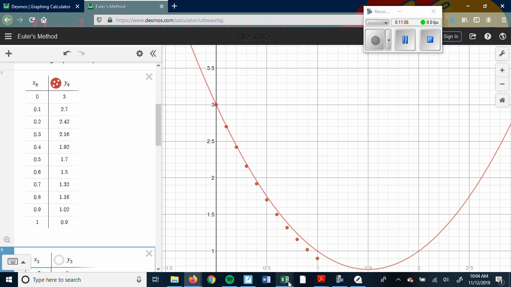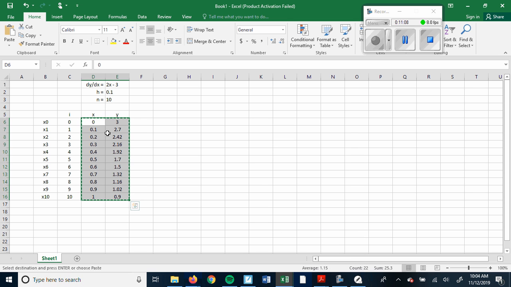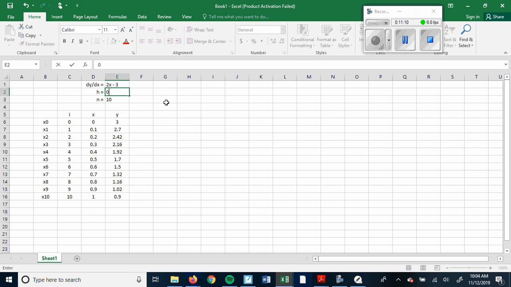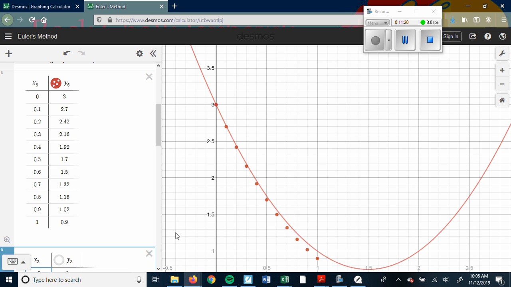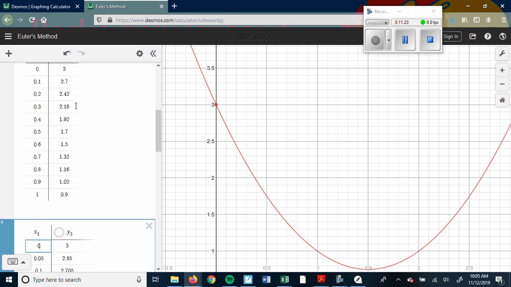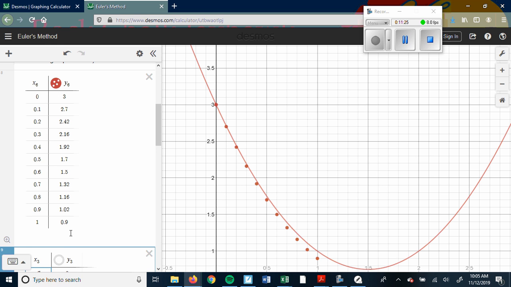So let's go back to Excel and change our h value. Sorry, I want 0.05. Then I copied it, and I'm going to paste it into Desmos. Now my h value is smaller, so you can see my steps are smaller here.